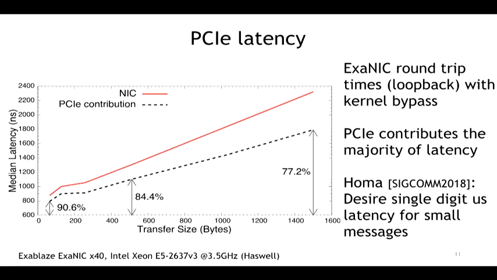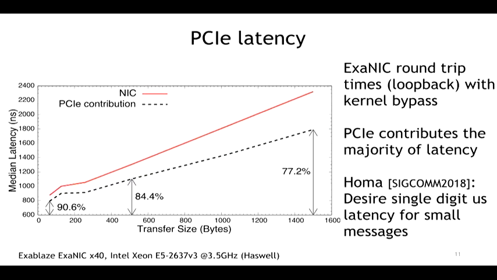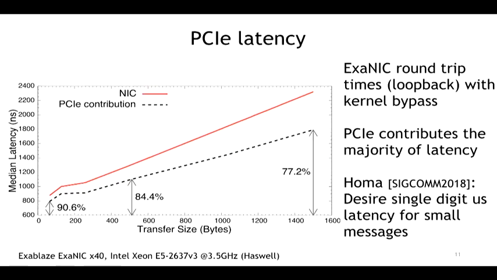And that allows us, on round trip times, to measure the contribution of PCI Express to the latency. And as you can see in this diagram, the pure PCI contribution to the latency of a round trip packet is actually really high. It ranges between 90 to 72% of the overall latency.